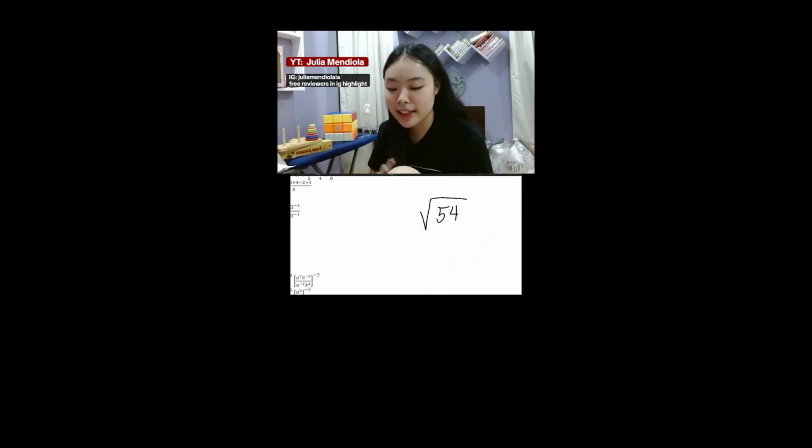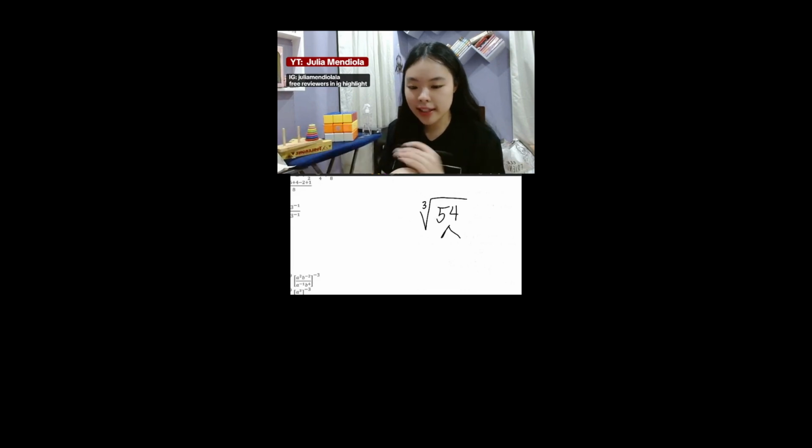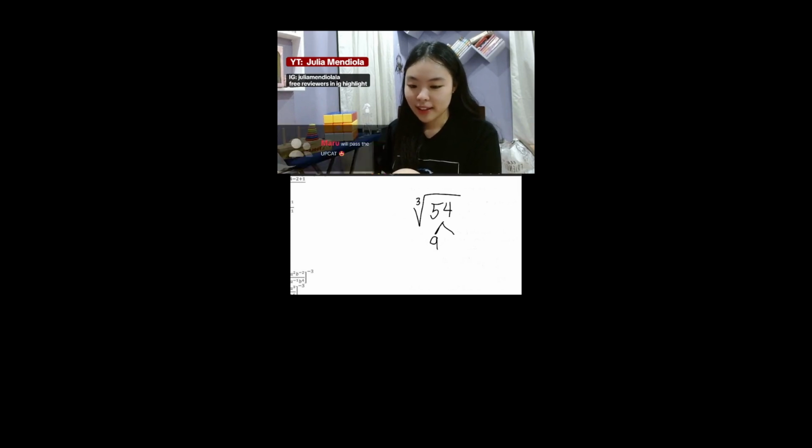But anyway, let's continue. What about a cube root of 54? Ngayon, this is the gate, guys. We have to simplify the cube root of 54. So, how do we do that? Kailangan, again, factor natin. Can somebody give me the factors of this? Any number, pwede naman. Pwedeng 9 times 6. Yes, 9 times 6.